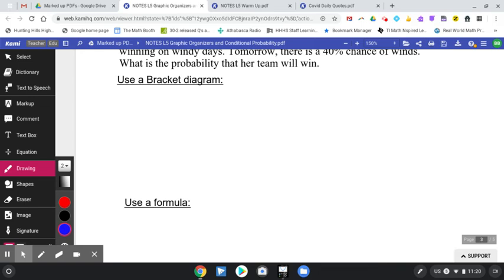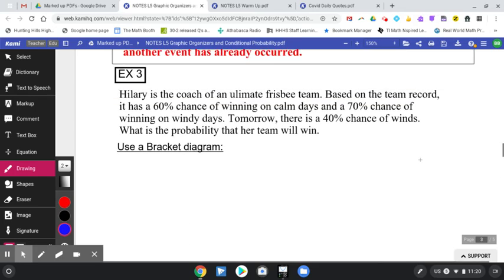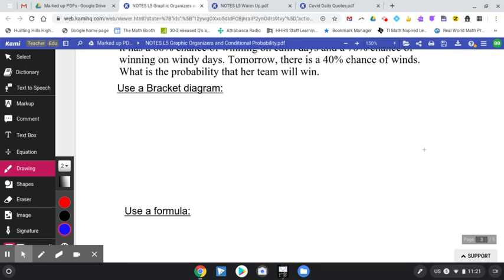Well, hopefully you said weather. So the two things that they talk about up here in all this information, when it comes to probability, there's a probability about the weather, and they also have probability about winning the game. So we're going to set up brackets for each one. The weather happens first.